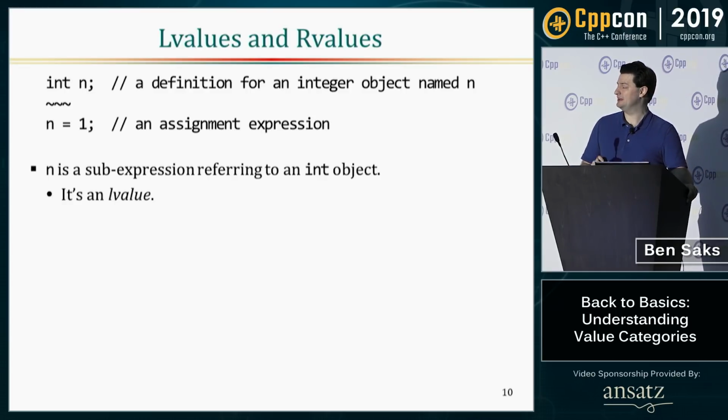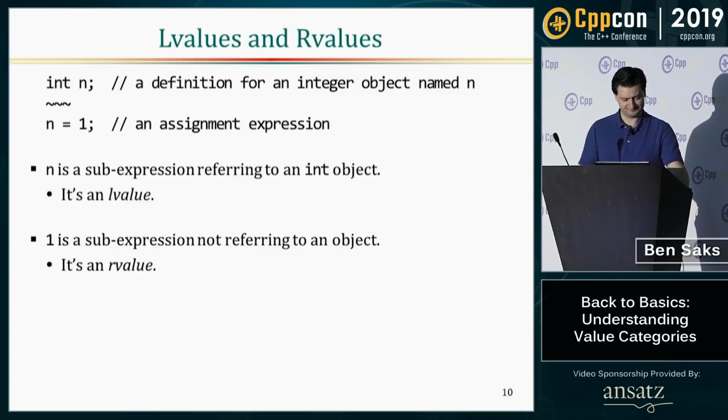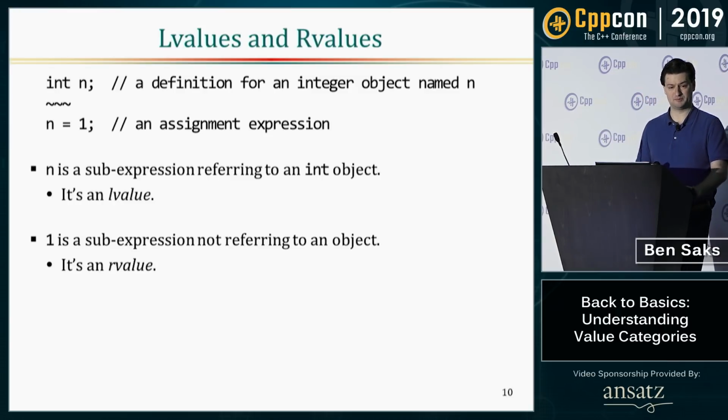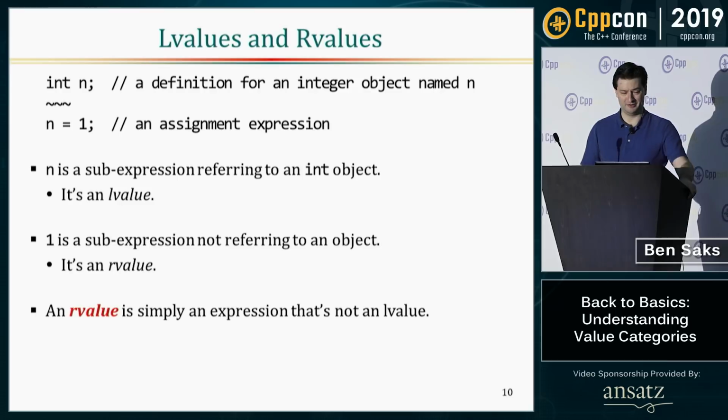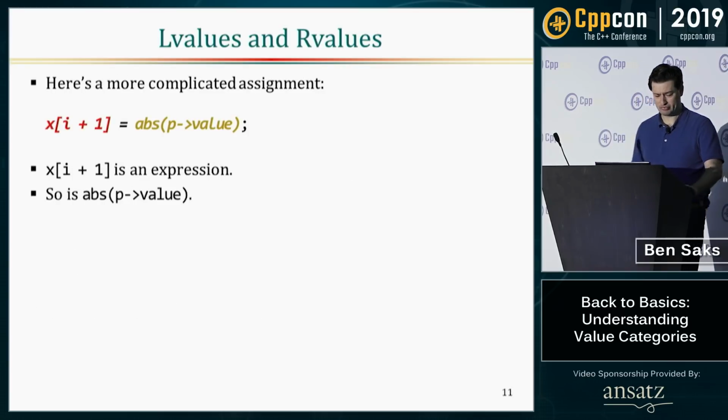So in here, n is the sub-expression that refers to an integer object. It's an lvalue, and that makes it the sort of thing that can be assigned to. 1 is also a sub-expression, but it is not an object. It's just an rvalue. An rvalue is something that isn't an lvalue. So anything that isn't an lvalue is an rvalue.